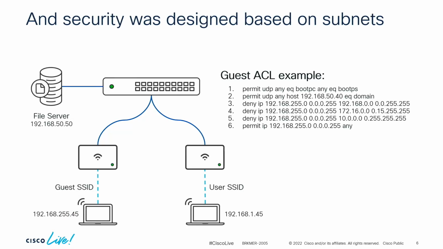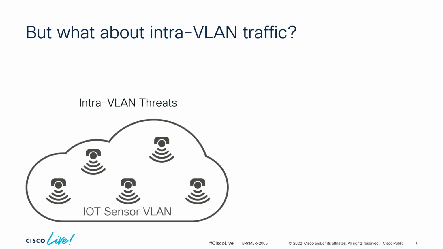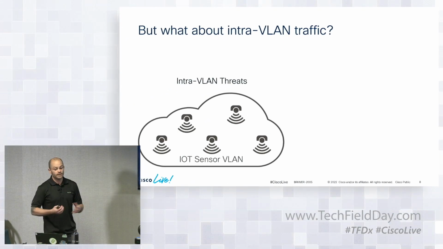And when it comes to ACLs, though, I guess the real point here is the fact that if you have a ton of sites, you have a ton of subnets, every time you make a change, it is exponential when it comes to how many changes you have to make, how you have to schedule them. A lot of times, when it comes to securing traffic, when you apply an ACL at the upstream layer 3 interface, you lose out on how do we control traffic in that same VLAN?